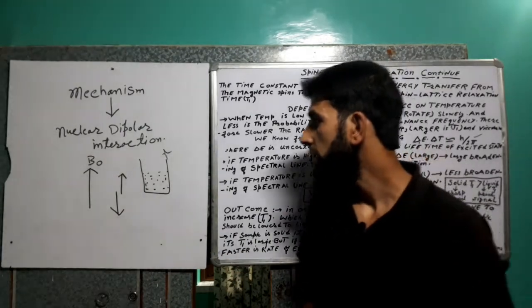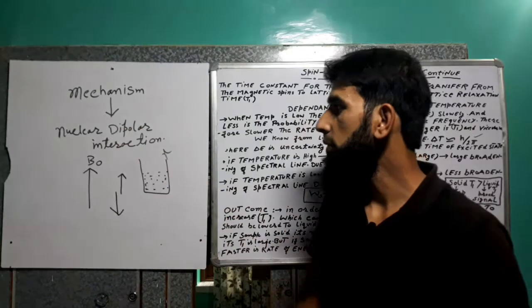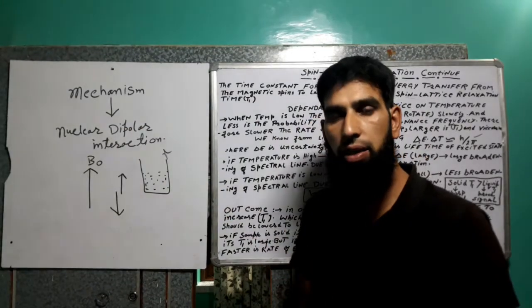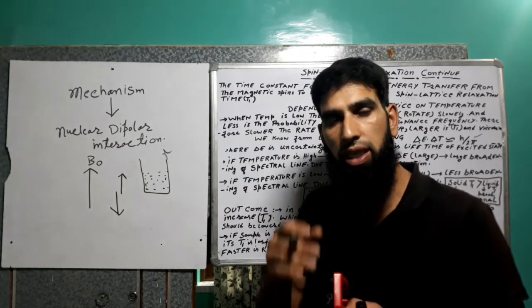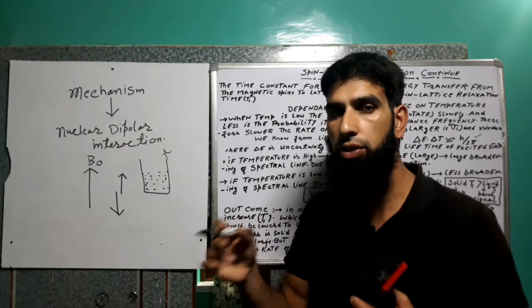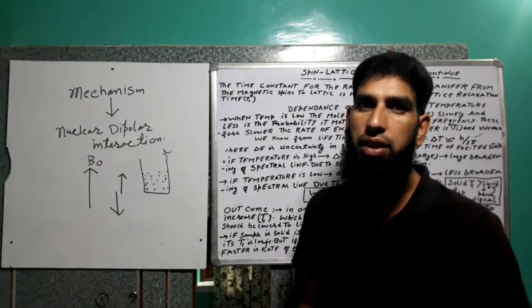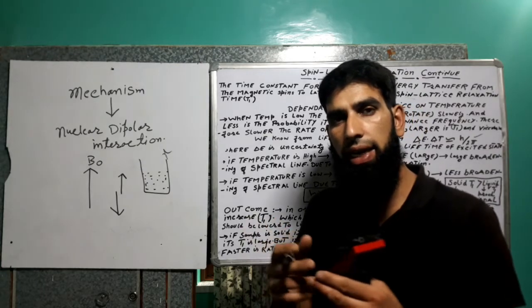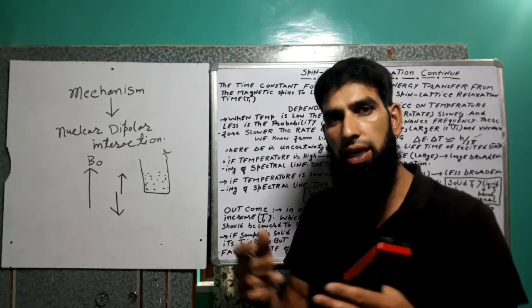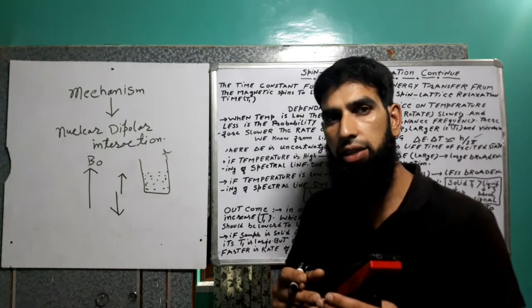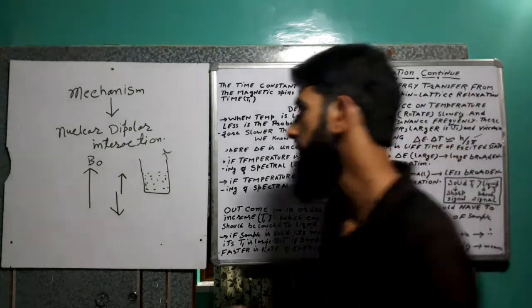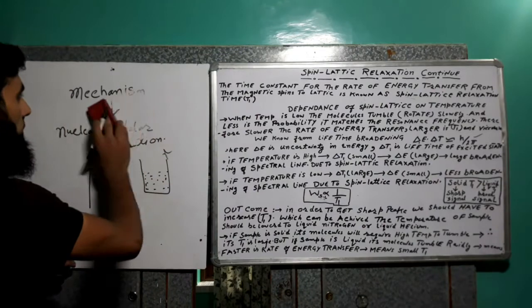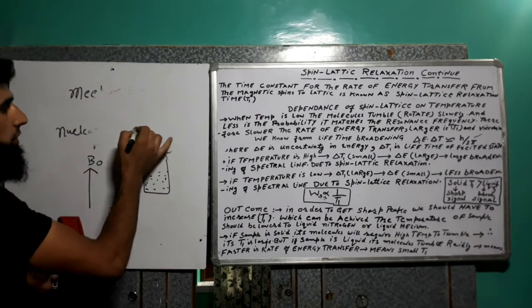field. Now, as per nuclear dipole interaction, when the fluctuating magnetic field fluctuates at a frequency equal to the resonance frequency, we say that these two frequencies are in phase. When they are in phase, what happens at that time? Suppose I have two energy levels.